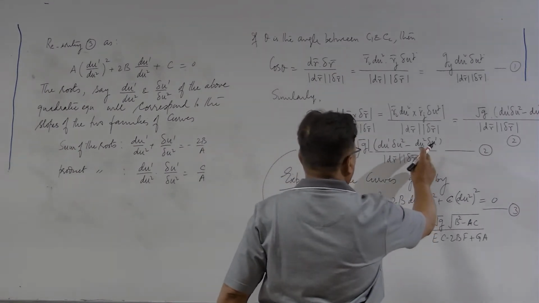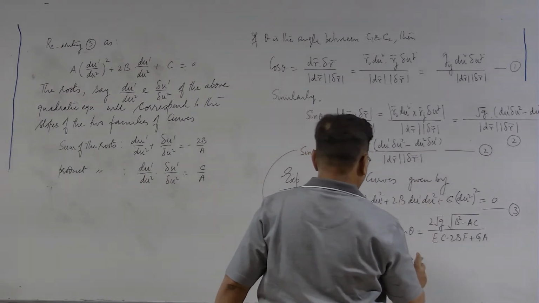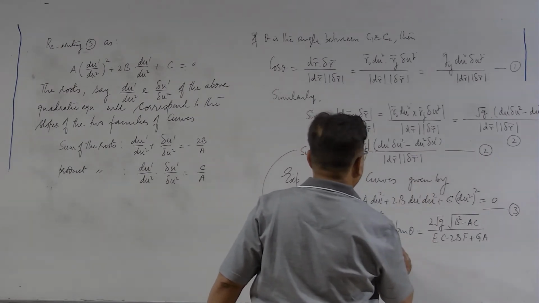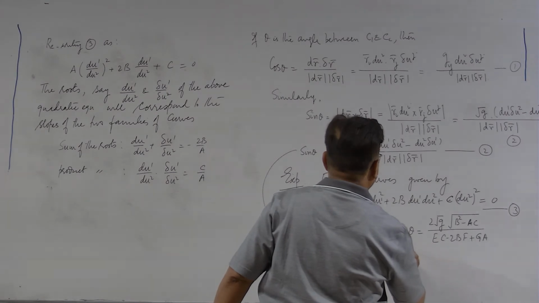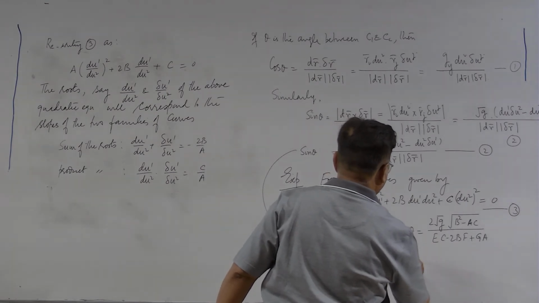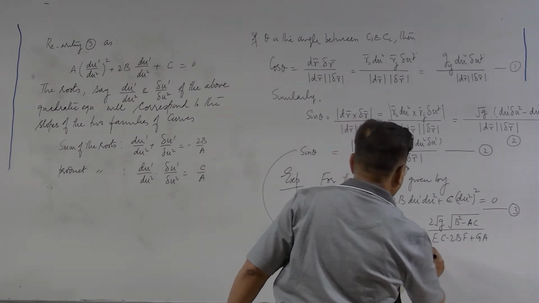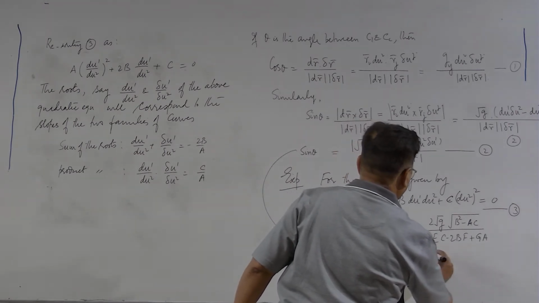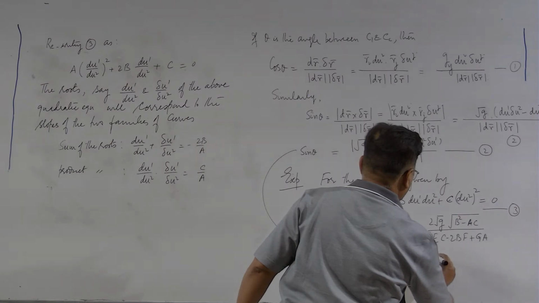I am dividing by du2 delta u2. So, when you divide the whole thing by du2, this will become du1 over du2 minus delta u1 upon delta u2.